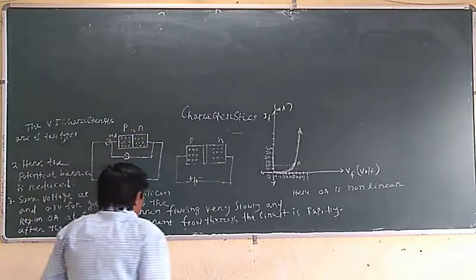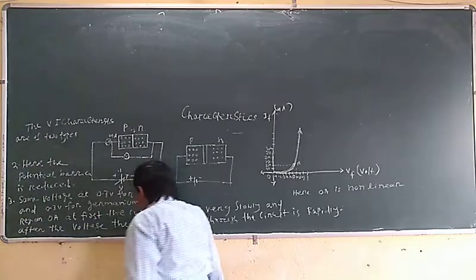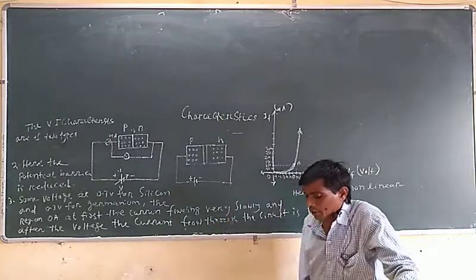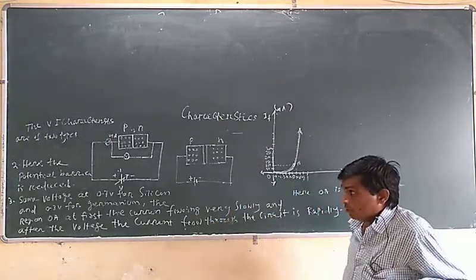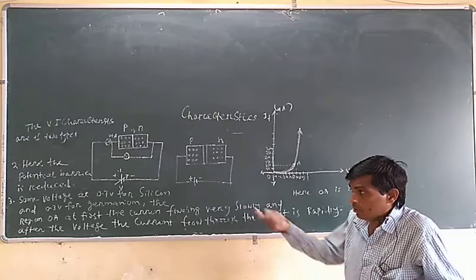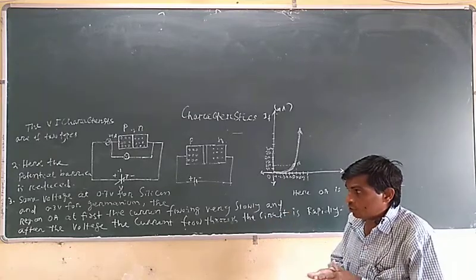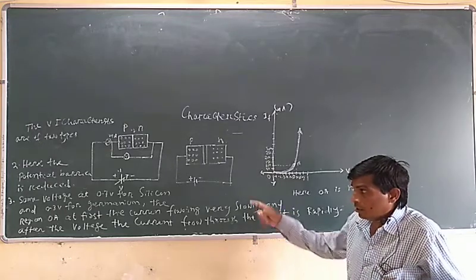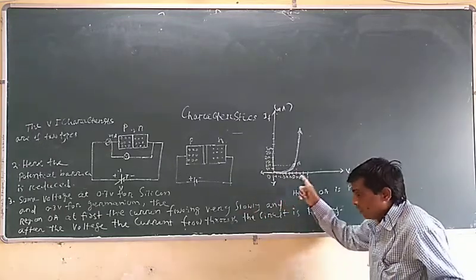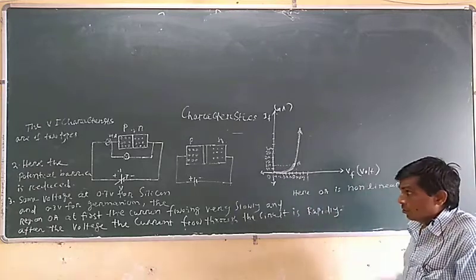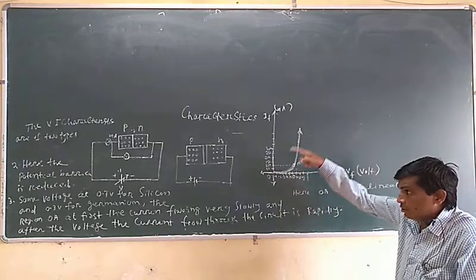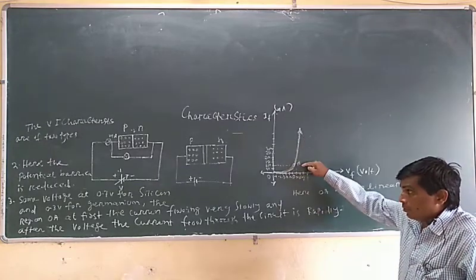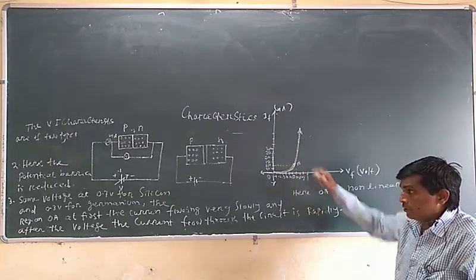For silicon, the barrier potential is 0.7, so applying 0.1 volt, it is not possible for current to pass through the circuit. When it reaches from 0.1 to 0.7, then the current will pass through the circuit rapidly. This type of curve is known as a forward biasing curve.